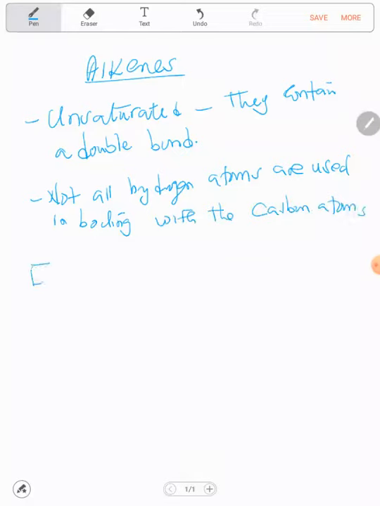For example, ethene. Remember this, the general formula for alkenes is CnH2n, where n is the number of carbon atoms. Ethene has 2 carbon atoms. Now remember, the alkene group has no methane; you don't have a one-carbon alkene, you only have 2 going up.